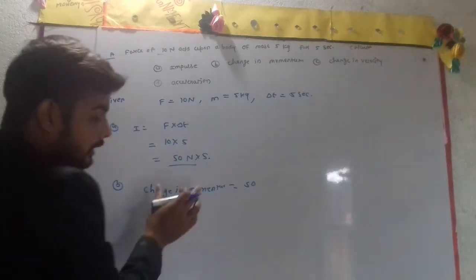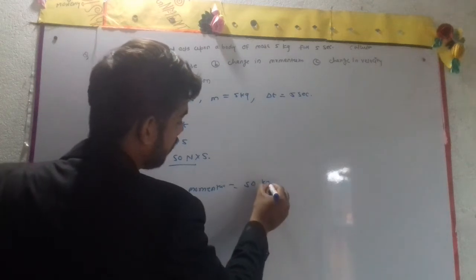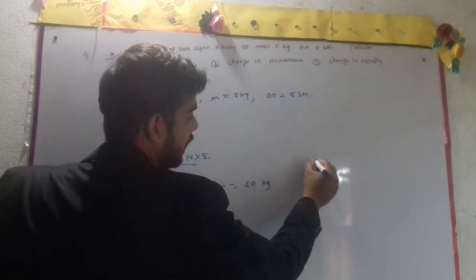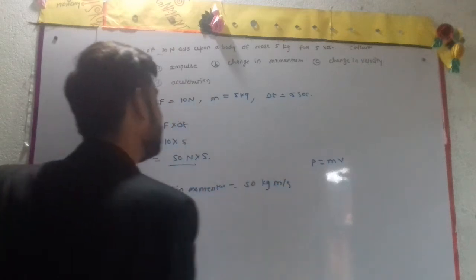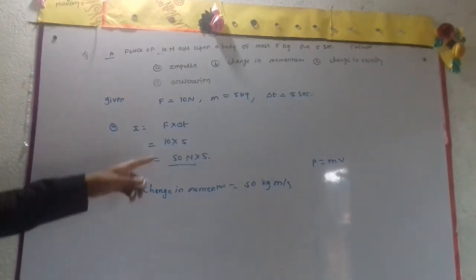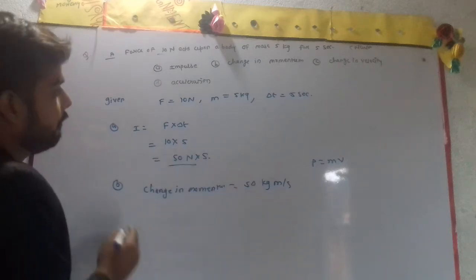This is also the change in momentum. What is the unit of momentum? P equals mv, mass in kilogram and velocity in meter per second. So change in momentum equals impulse, which will be the same.